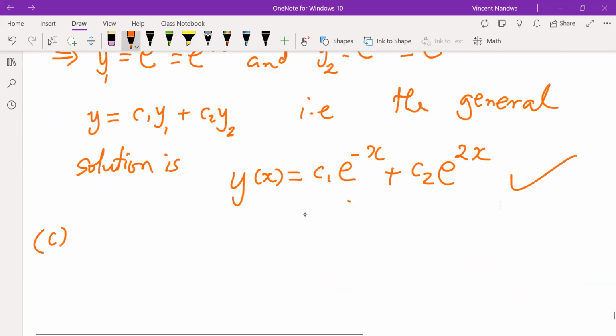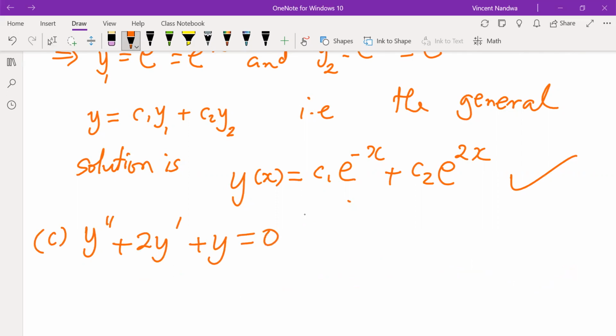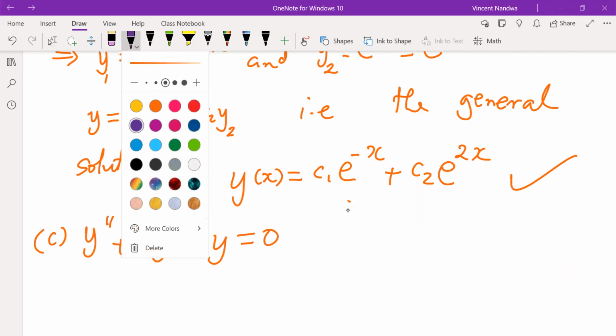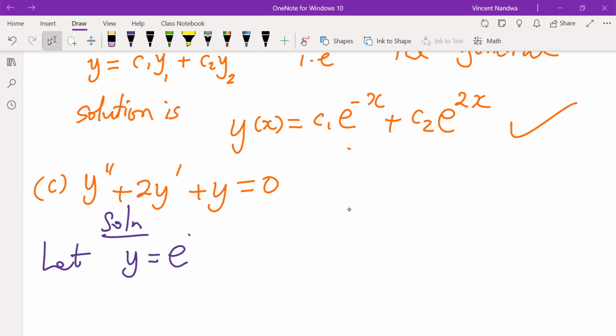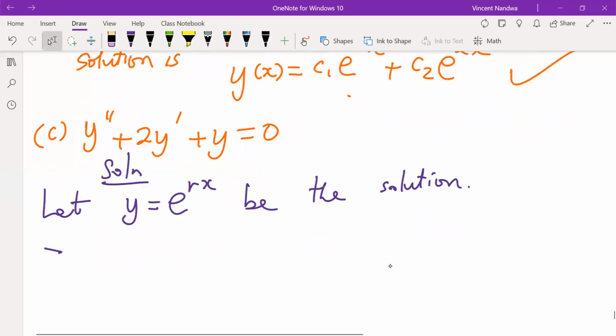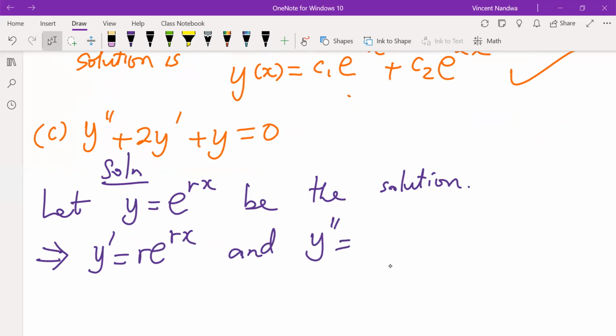(c), we have y double prime plus 2y prime plus y equals 0. Now again, we let y equals e raised power rx be the solution. So this implies derivative is r e raised power rx, and second derivative is r squared e raised power rx.